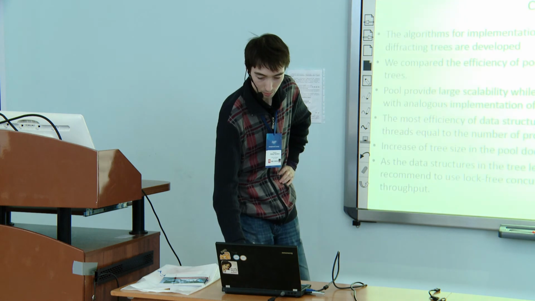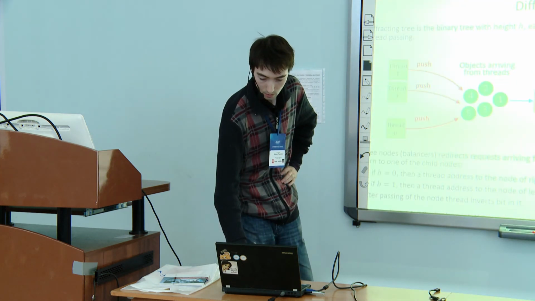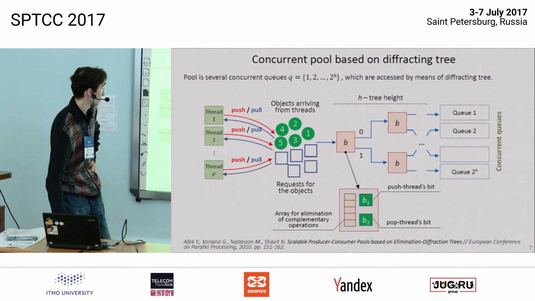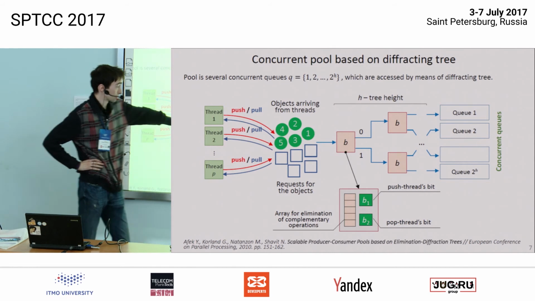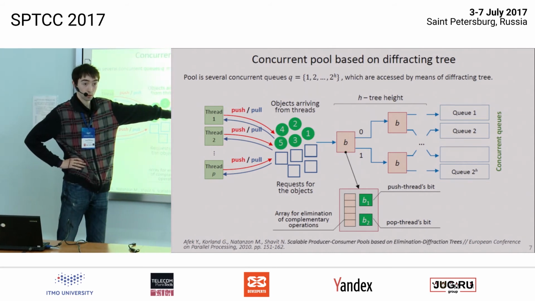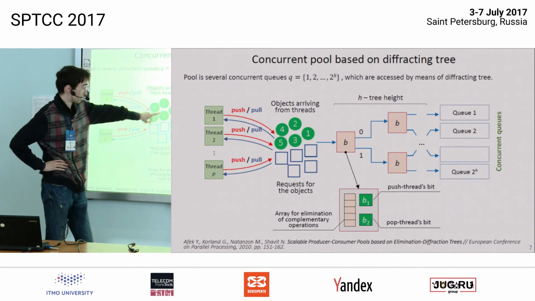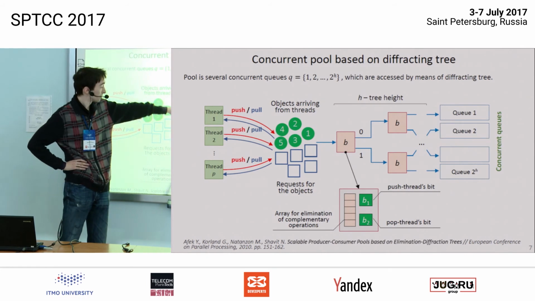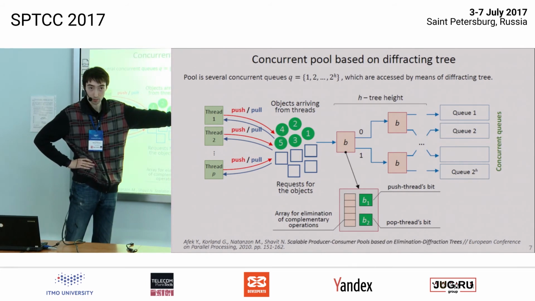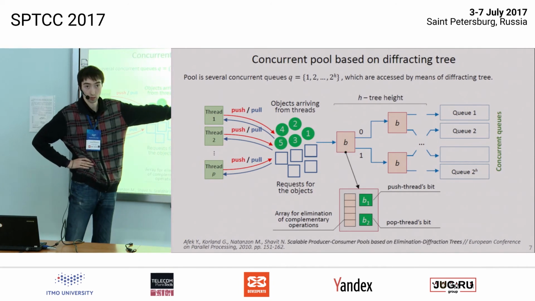If the number of producer threads is more than consumer threads, there is no difference between producer and consumer threads, because if it's a producer thread, we go up if the bit equals 1 and go down if the bit equals 0.